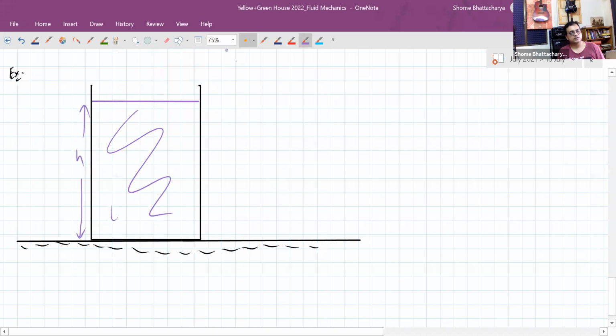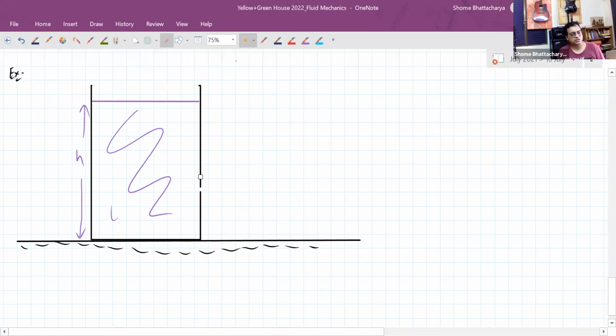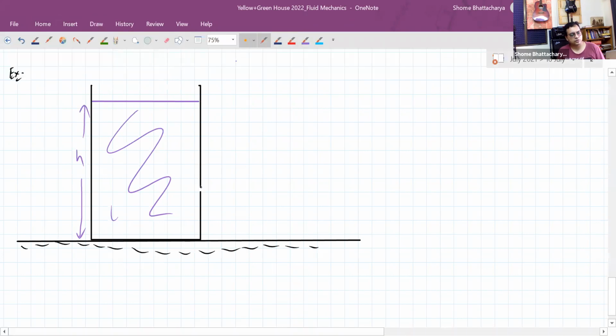Now, instead of making the orifice right at the bottom, we will make an orifice somewhere on the side like this. So now this is where our orifice is, at a certain depth, let's say D from the top.